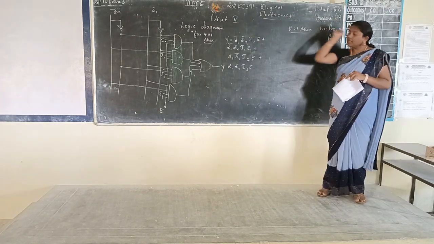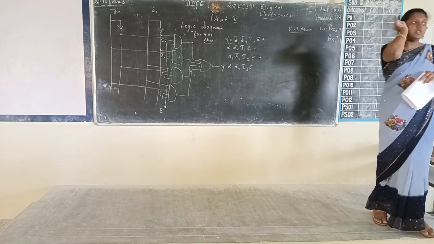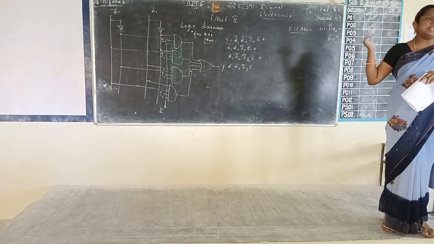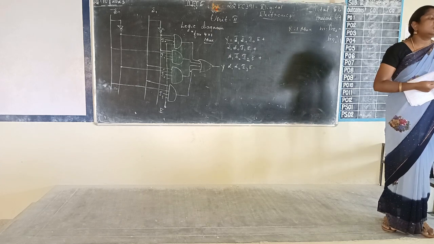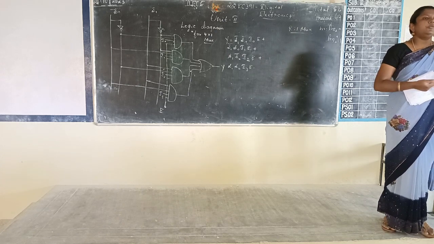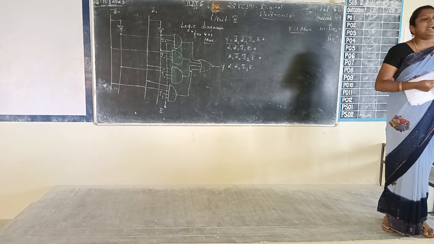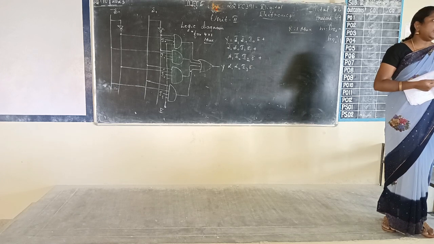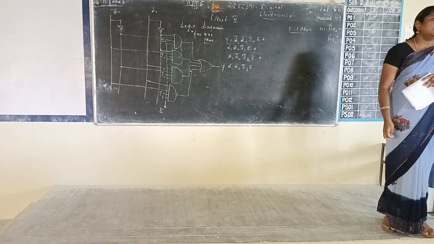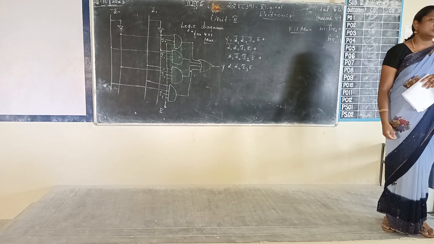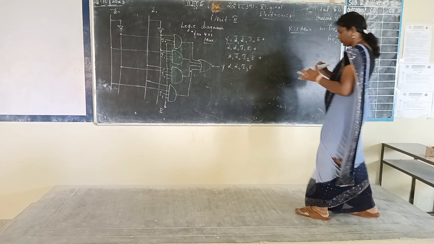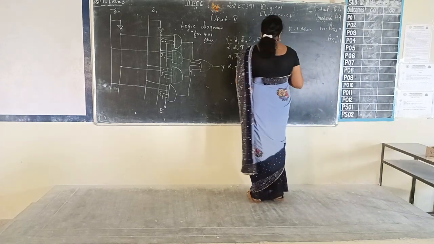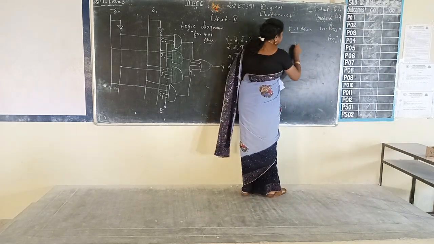For an 8 is to 1 mux, we will be having 8 inputs and a single output. For 16 is to 1, 16 inputs and 1 output. For 32 is to 1 mux, we have 32 inputs and a single output. This is the 8 is to 1 mux.